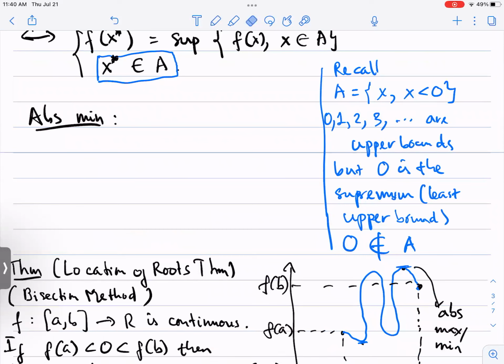So here is just an example to recall the notion of the supremum.